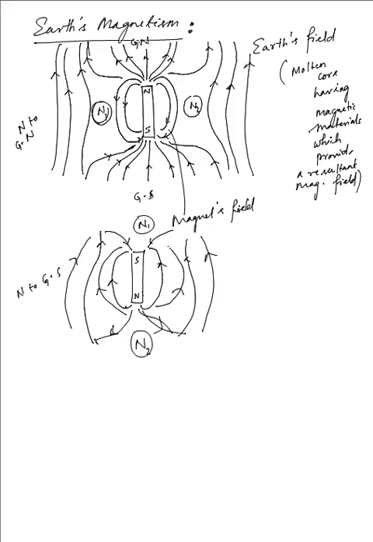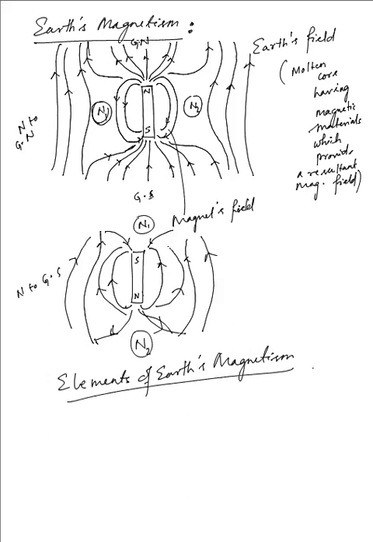Well, that's not all. What we are going to discuss a bit further is the various terms that are associated with the Earth's magnetism, particularly known as the magnetic Earth elements or the elements of Earth's magnetism. Now, here are some of the terms that are associated. The first term is known as magnetic declination.